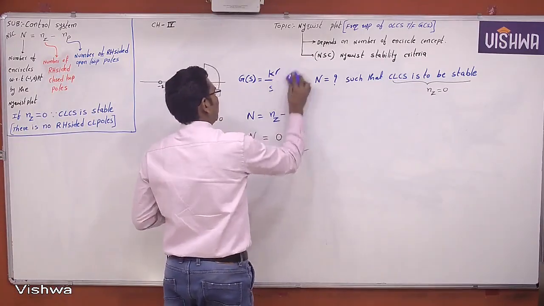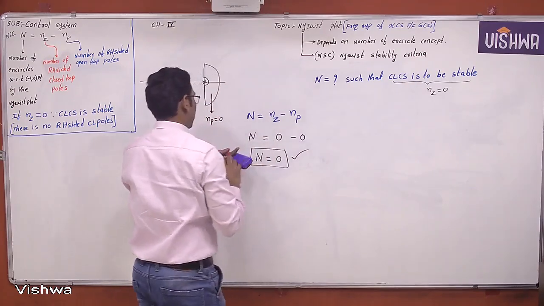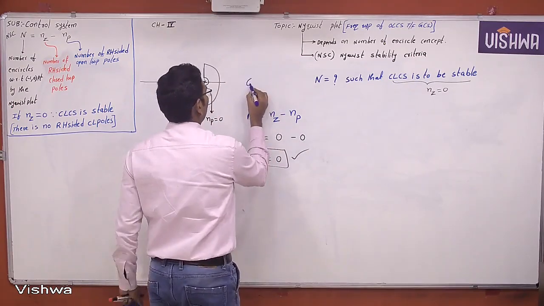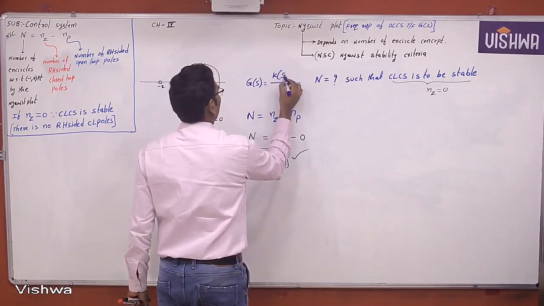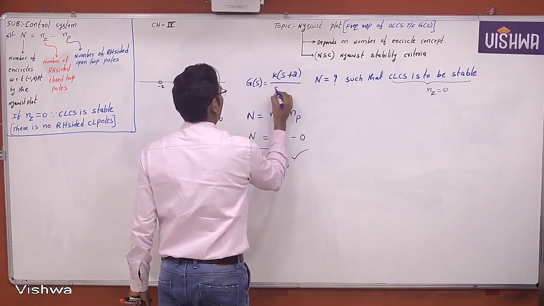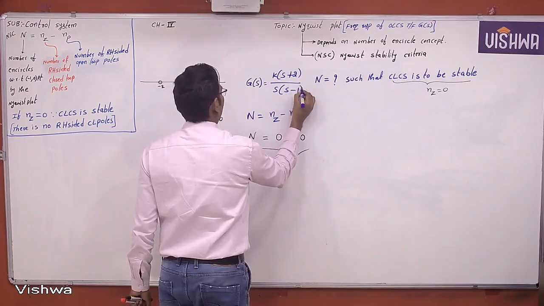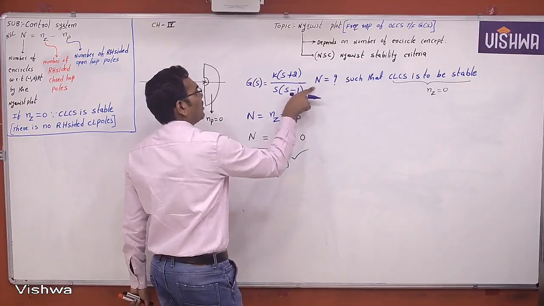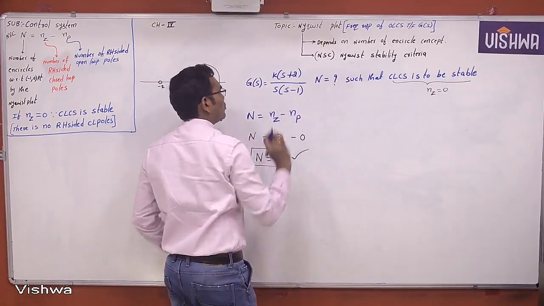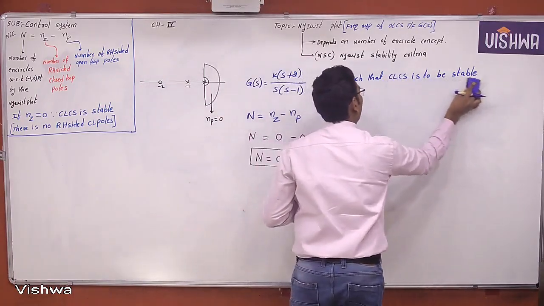Now one more question. By considering the transfer function G(s) equal to K into (s plus 2) by s into (s minus 1), again the same question: what should be the number of n circles such that the closed loop control system is stable?